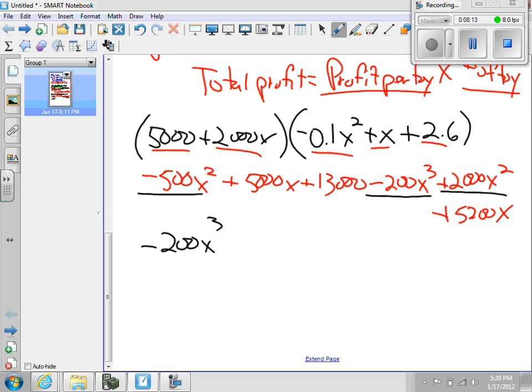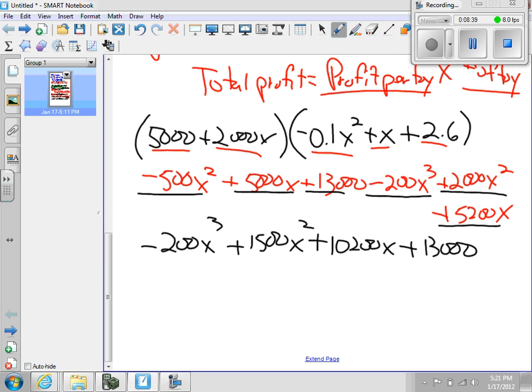That's going to give me a plus 1,500x squared. Now I can look at my x terms. I have 5,000x, and I have 5,200x. So that's going to give me a plus 10,200x. And then I have my last one as a constant, plus 13,000.